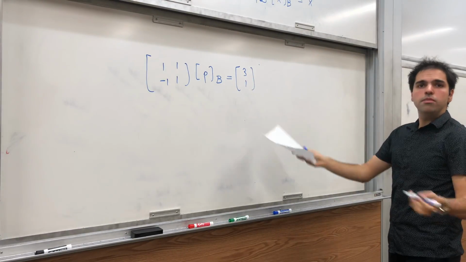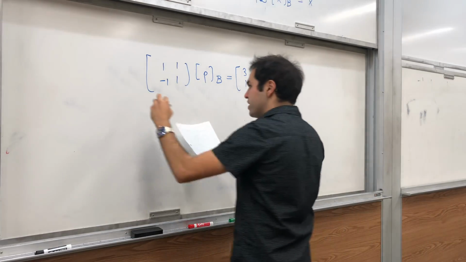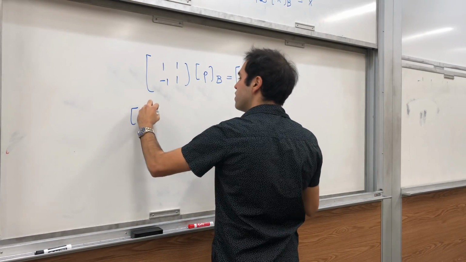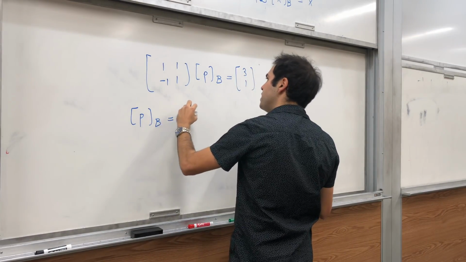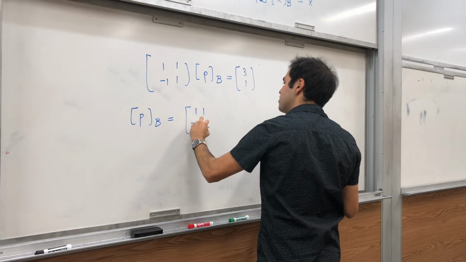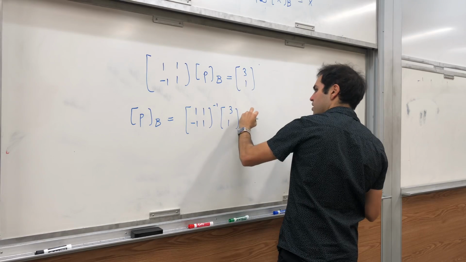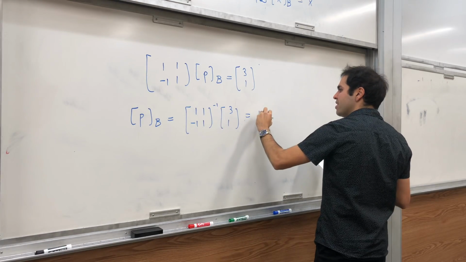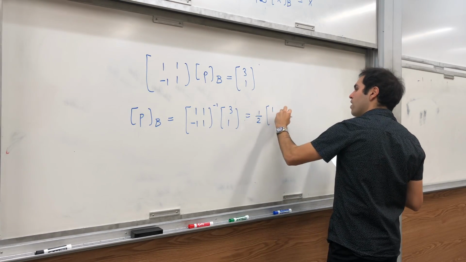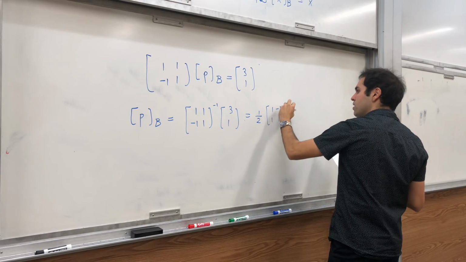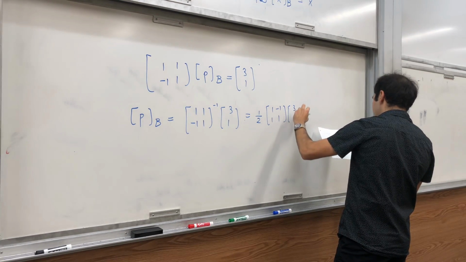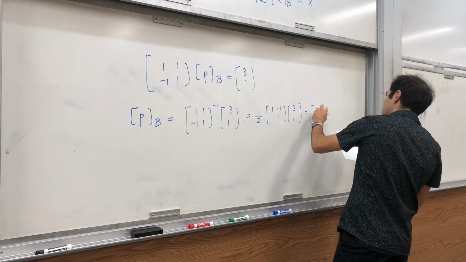So to get the coordinates, you just invert this matrix, or you row reduce, up to you. It's [1 1; -1 1] inverse times (3, 1). If you calculate the inverse, it's 1/2 [1 -1; 1 1] times (3, 1), and you get (1, 2).